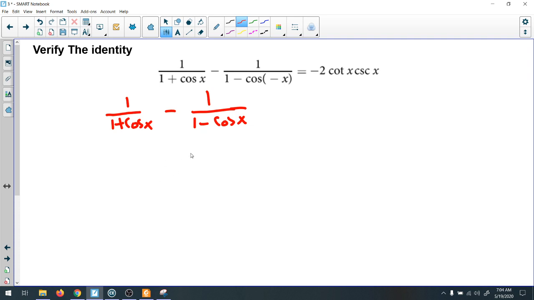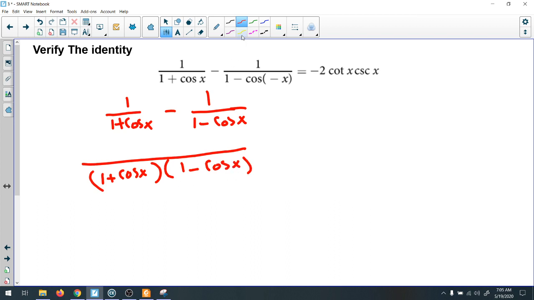Think about the next step. If you have fractions, there is nothing to do but find the common denominator, which is 1 plus cosine x times 1 minus cosine x.